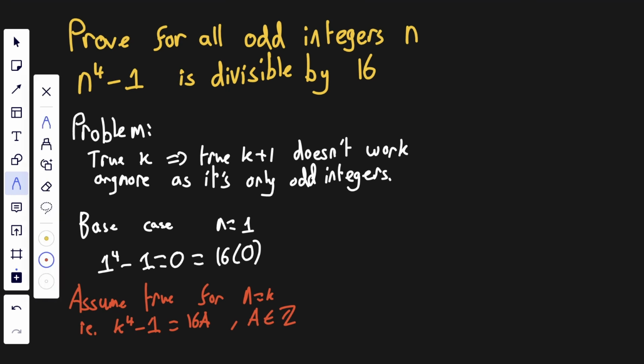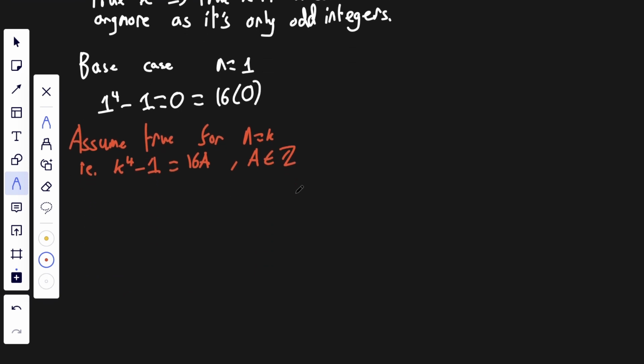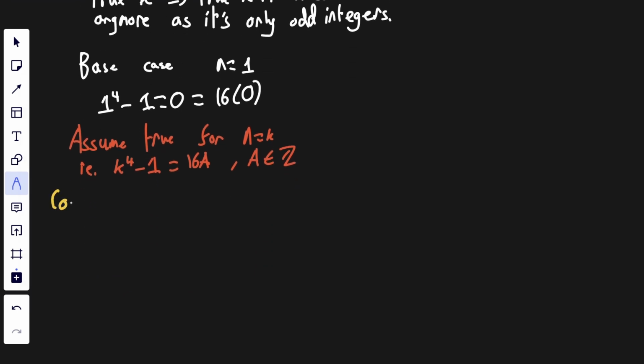Next, we're going to move on to considering the k plus 2 term. So we're going to consider n equal to k plus 2. So not the number after k, but the number 2 after k, so the next odd number. So we're dealing with k plus 2 to the power 4 minus 1.